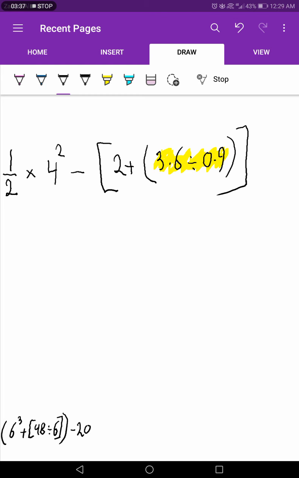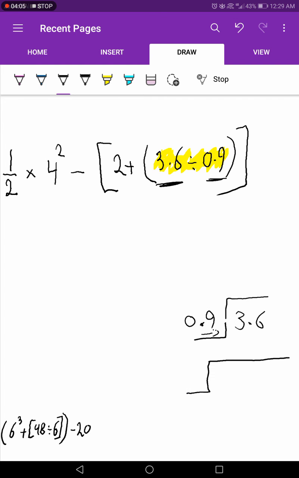Let me remind you how to divide decimal by decimal. 3.6 divided by 0.9. Here we have dividend and divisor. It is not allowed to have a decimal in the divisor, so I have to move it one step to the right to release the number from the decimal. 9.